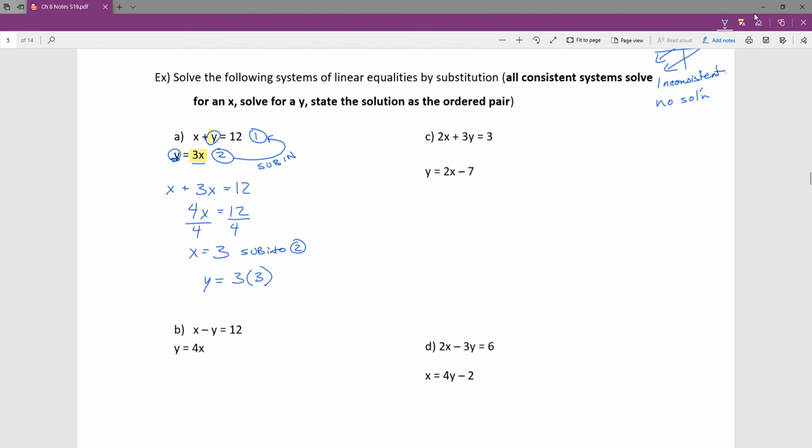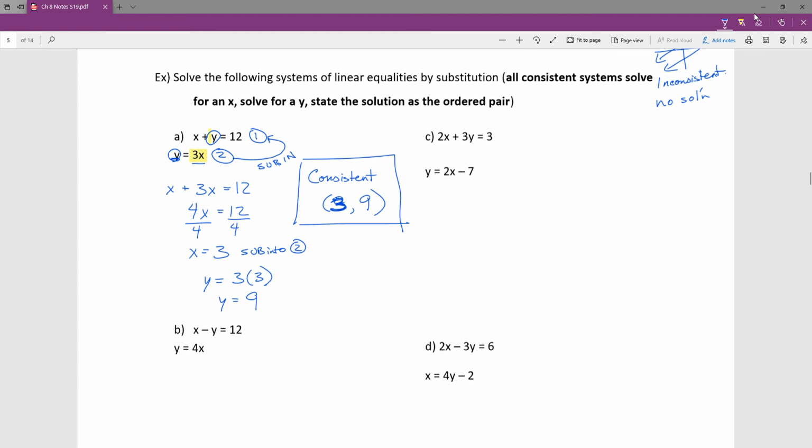So this is what allows me to finish my solution to this system and say that y equals 9. If I put this back together, I could say that the ordered pair, the consistent system, has a unique solution of 3 for my x term and 9 for my y value.